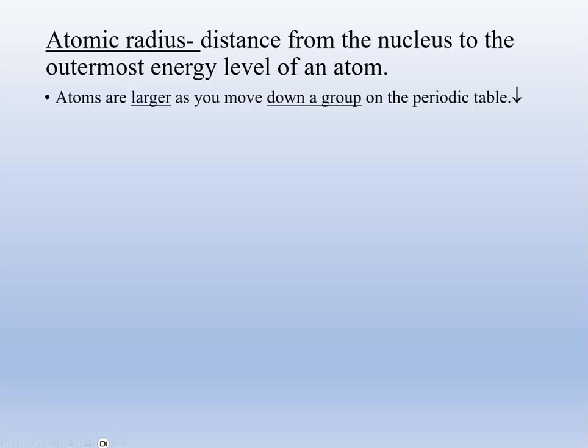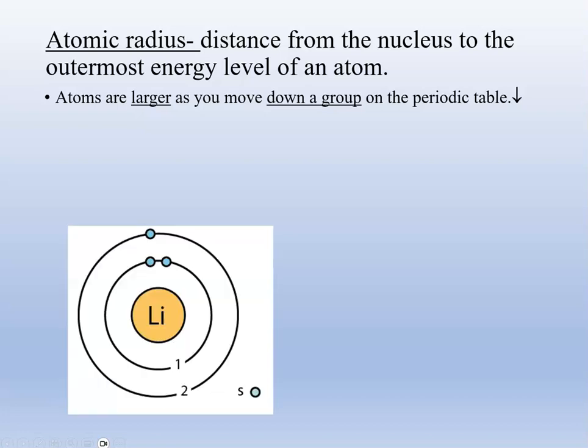And so as you're looking at a family or group, so families go up and down, as you go down a group, the atoms are going to get larger. The reason is, we're looking at lithium, and I'm looking at a Bohr model just because it makes it a little easier for us to see.